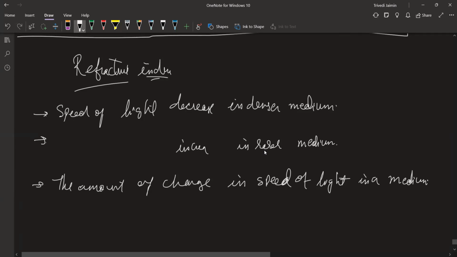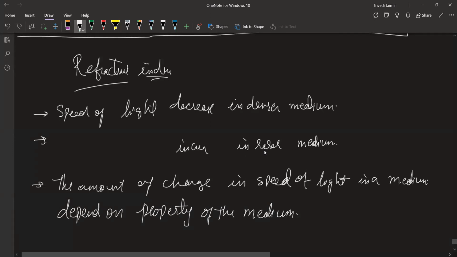So this change depends on the property of the medium. Now this property is called refractive index.